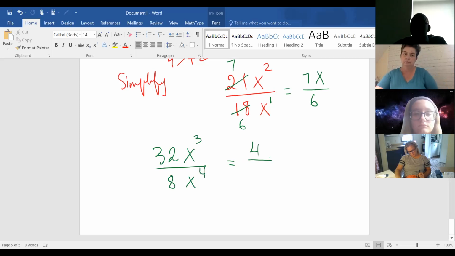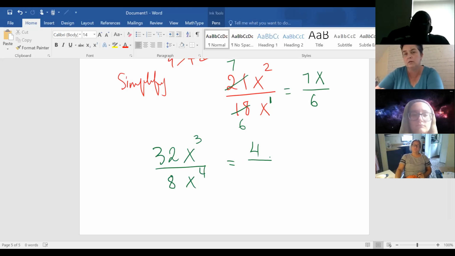Okay, now the x's. Remember, you have to subtract. But usually, we're going to subtract the smallest exponent from the big exponent. When you do 4 minus 3, because 4 is the highest exponent, where are you going to put your answer? At the top or at the bottom? Denominator, thank you.